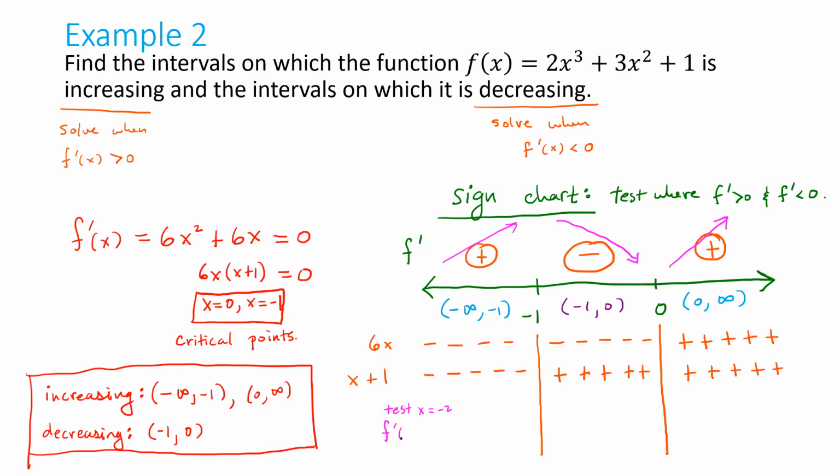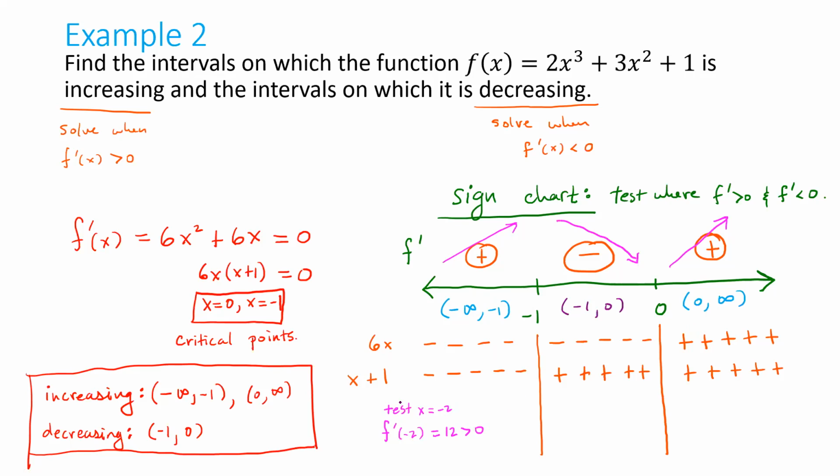And I can check, what do I get when I do f prime of -2? You'd have to work out some basic arithmetic, but in this case you get -12 times -1, so you get a positive 12. You get a positive value, right?